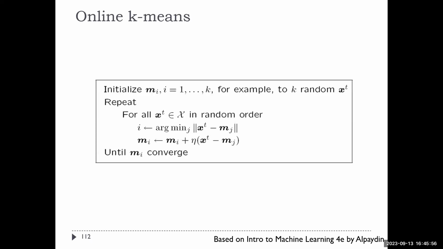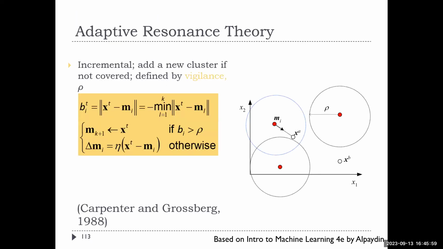There is one more. I'm going to maybe explain this later on. Let me read it through next time. Let's stop here. What this is actually, it doesn't go with k directly. Whenever the distance of a point to a cluster center is greater than a threshold, for example, your threshold is 20, whenever you have a new point that is farther than 20 from any cluster, it says create a new cluster for that point.